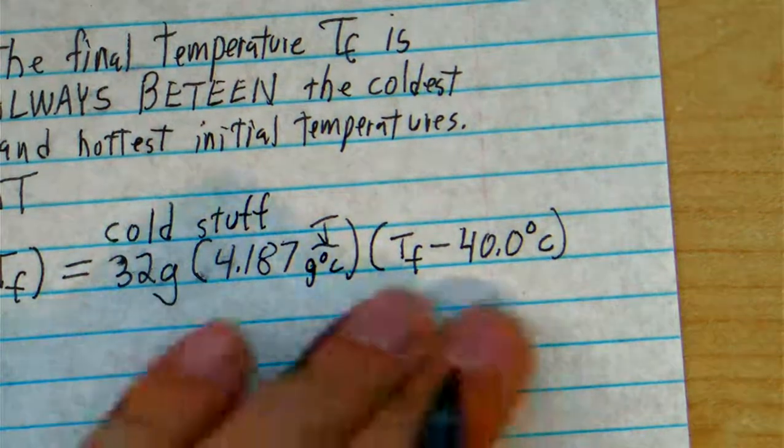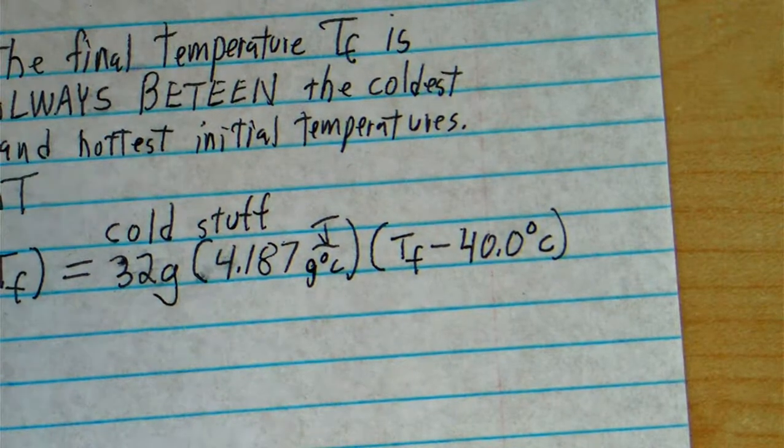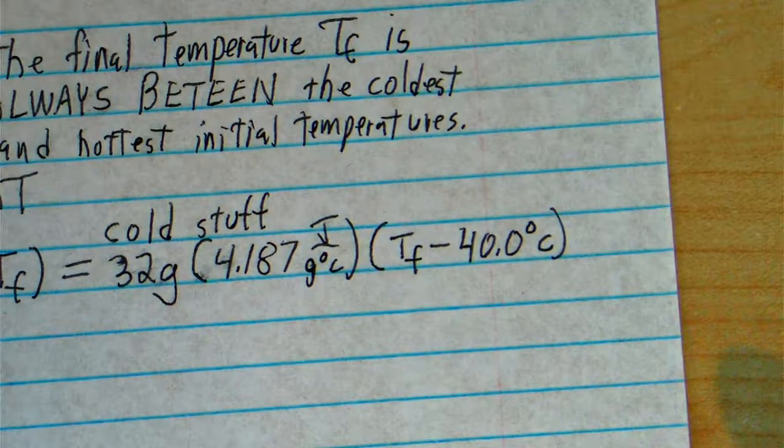So I'm writing this delta T in the reverse order that I had done on the left side, so that both left and right are positive quantities.